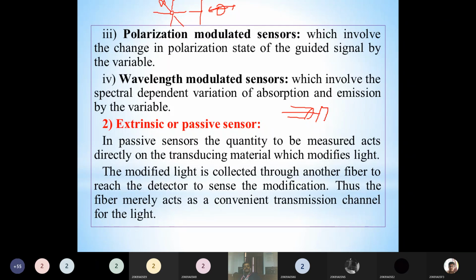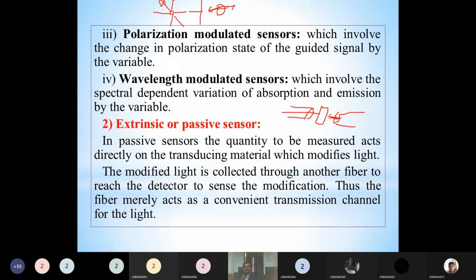This is the material, and this is another optical fiber that receives those signals, the transmitted light.